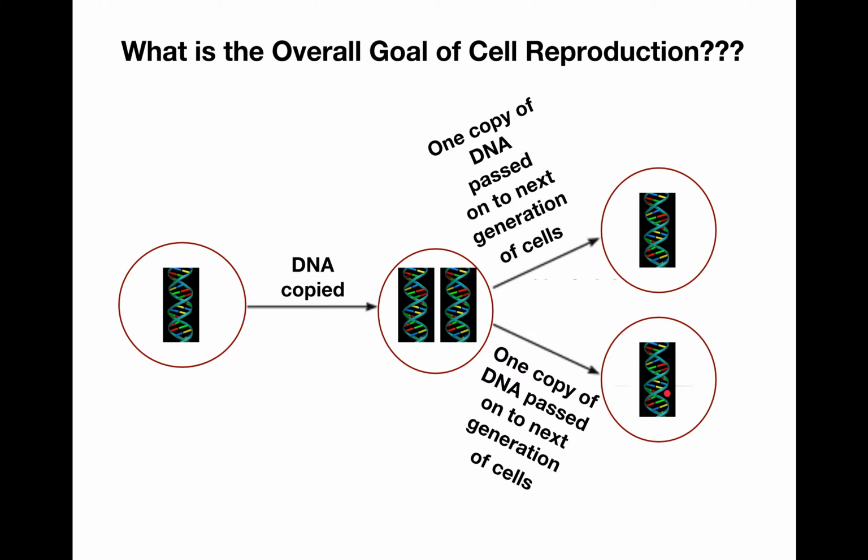We'll see later on that while many textbook authors and website authors will tell you that these DNA molecules are identical to each other, that is rarely the case. So each of these two cells will have inherited a DNA molecule, but there is no guarantee that those DNA molecules will be identical to each other.